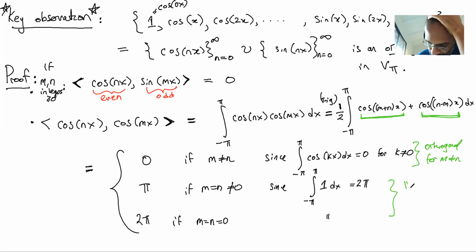You're calculating the norm, right? So it tells you that the norm of cosine nx squared equals pi if n is not equal to 0 and 2 pi otherwise. So in linear algebra terms, this little calculation is telling us that these actually are an orthonormal set.